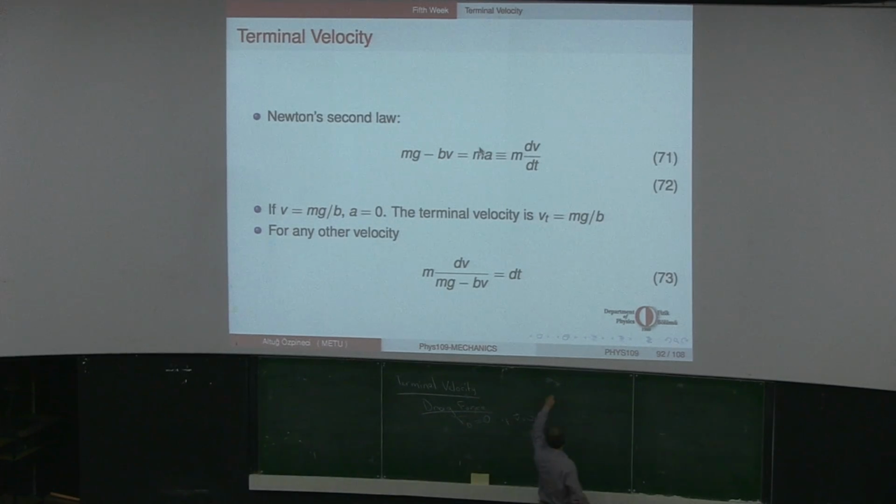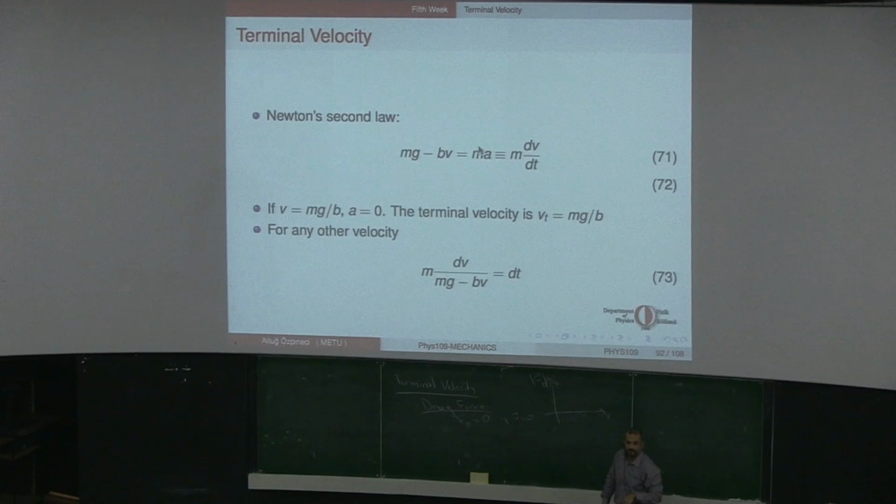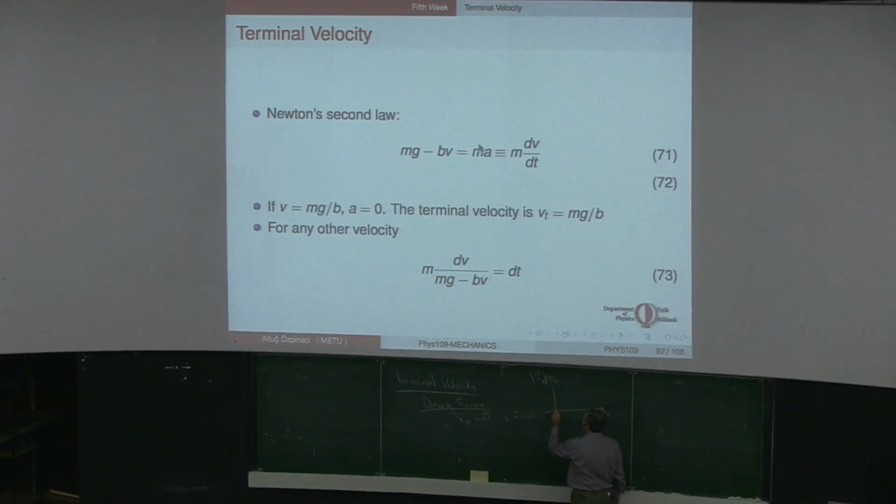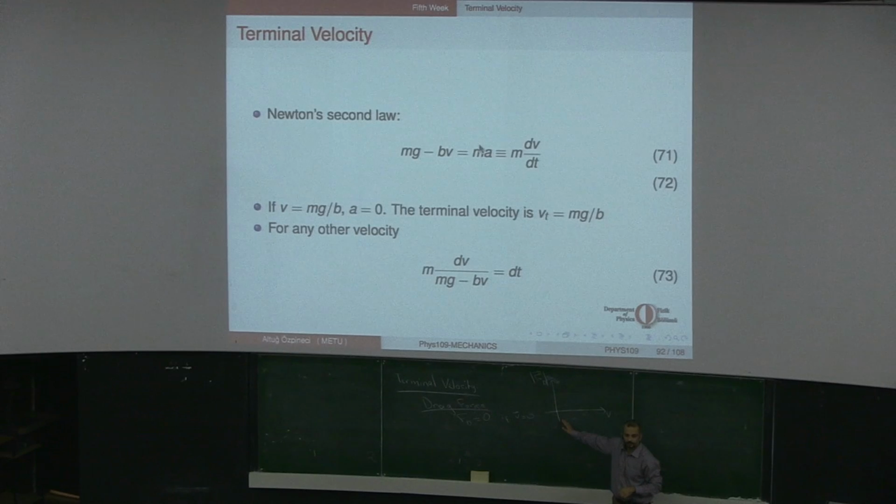Now, how does the magnitude of the drag force change with the velocity? Well, we know that for very small speeds, it will be almost 0. If you start increasing the velocity, it will increase, but it might show funny behavior for very large speeds. But what we will be interested in is, if you look very close to this region, it is almost a line.